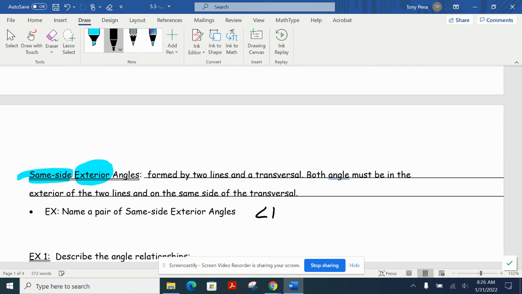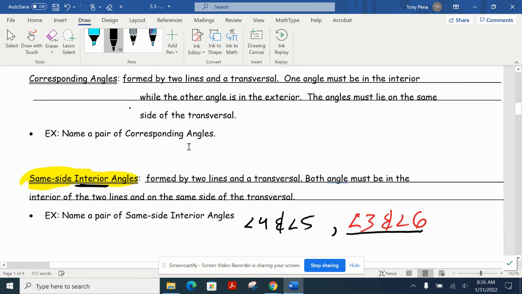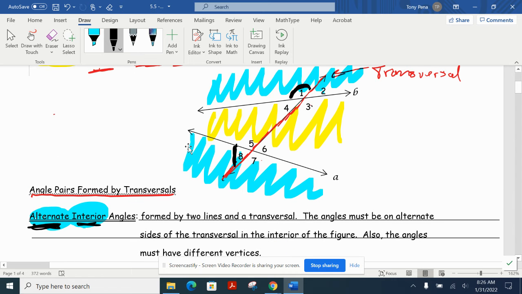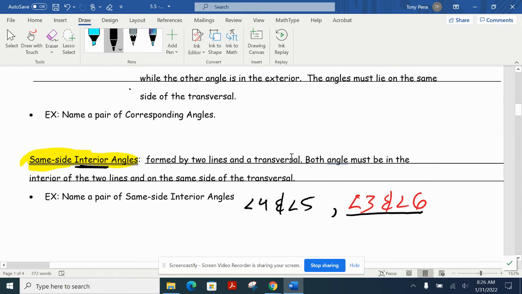All right, so that's one of your sets. And then based upon that idea, Julia, what do we think for the other side of same side exterior angles? Good. Angle 2 here and angle 7 there. So those are same side exterior angles. All right.